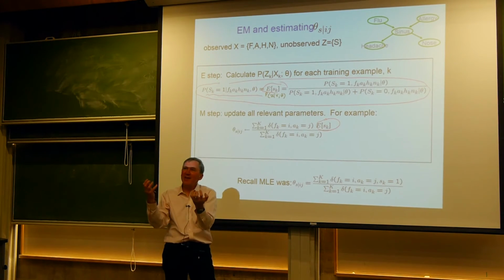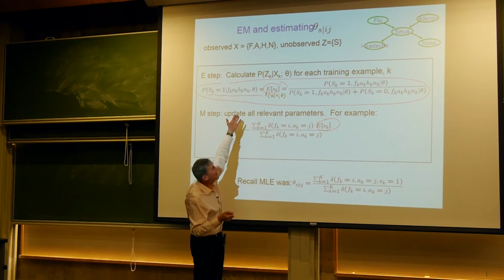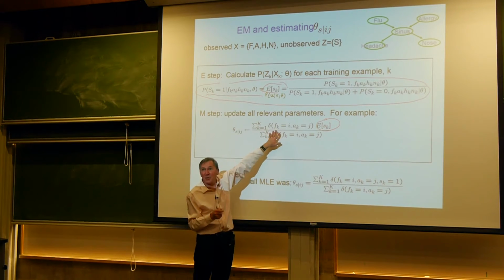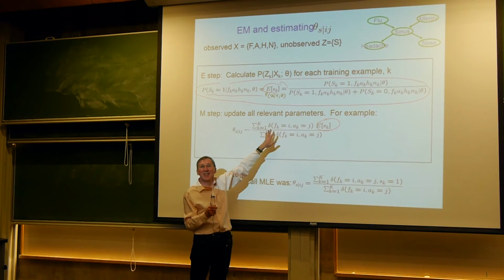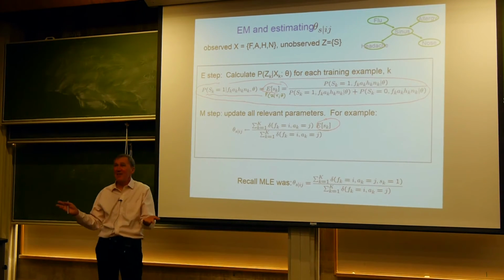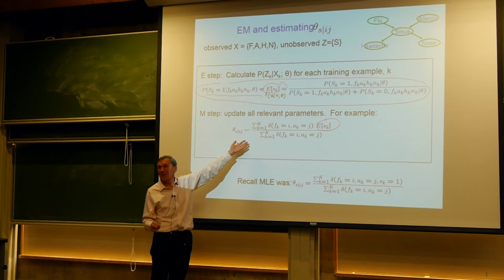Now what you're doing effectively is you're treating every example as a fractional positive example and a fractional negative example, according to that probability that you just got. So that's what the actual solution to maximizing this expected likelihood boils down to, this very intuitive thing.